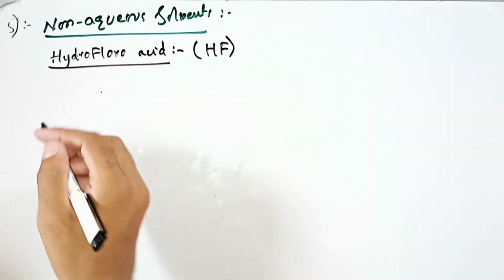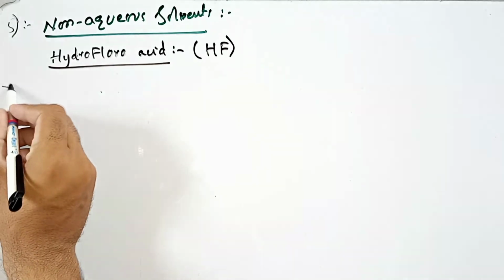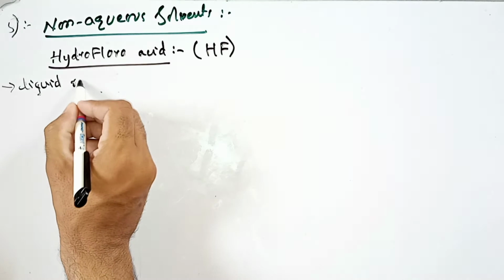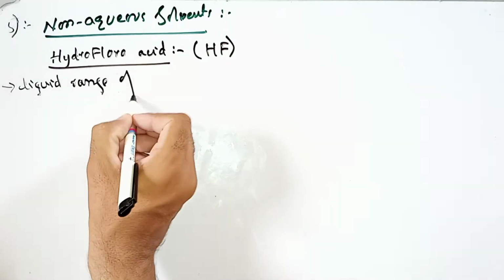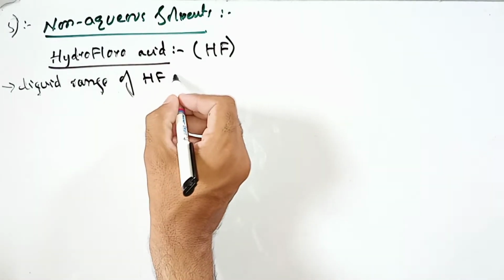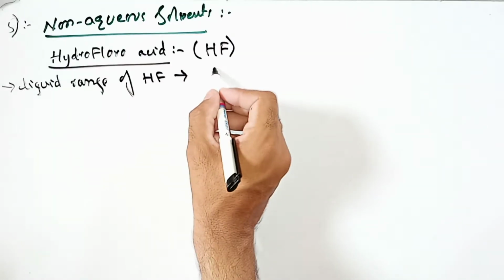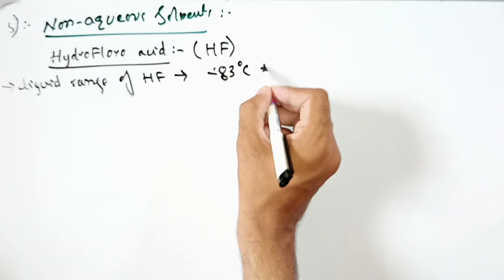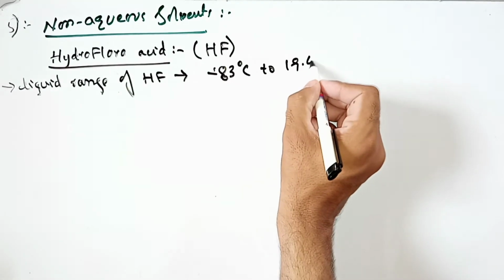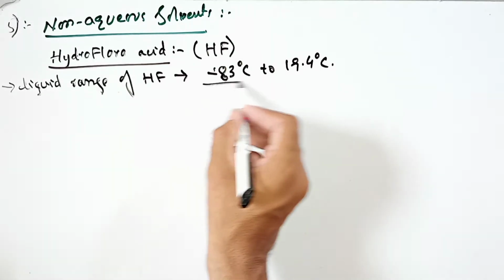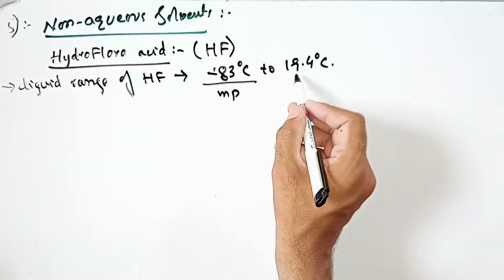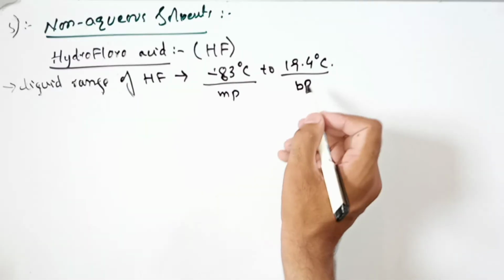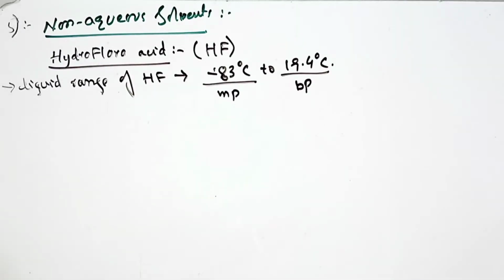First, the liquid range of HF. The liquid range of HF is minus 83 degrees centigrade to 19.4 degrees centigrade. Minus 83 is the melting point of HF, while 19.4 degrees centigrade is the boiling point of HF.